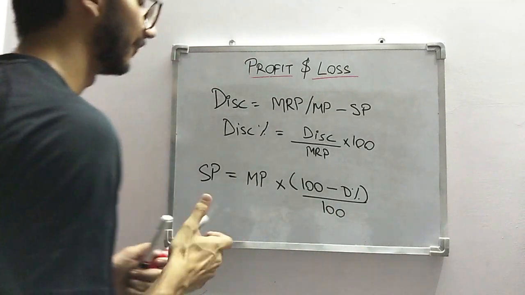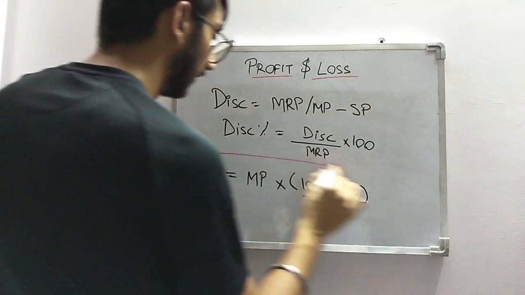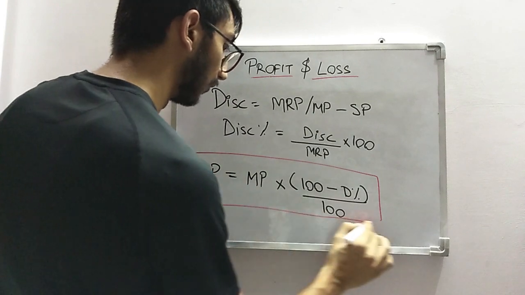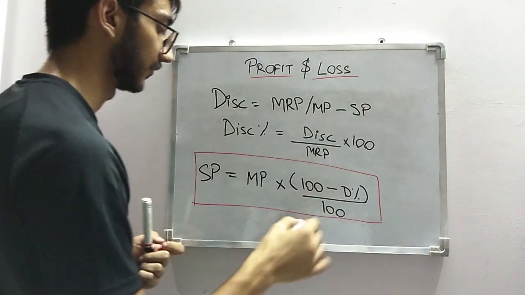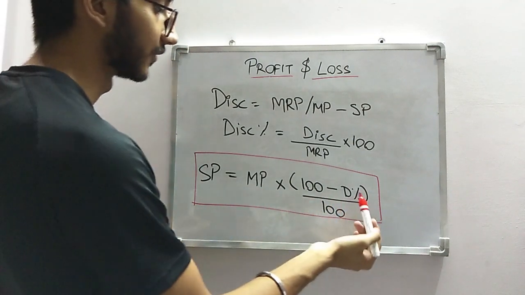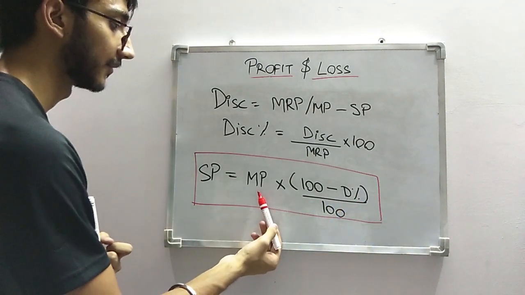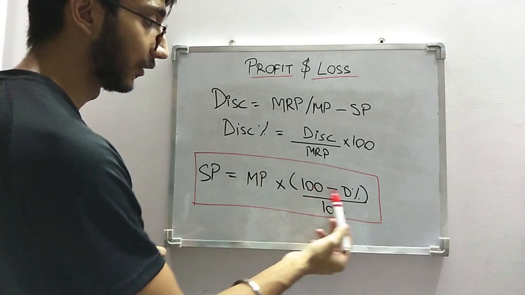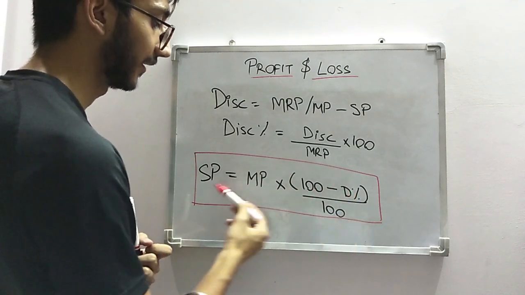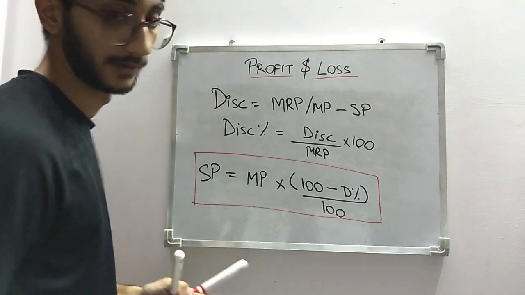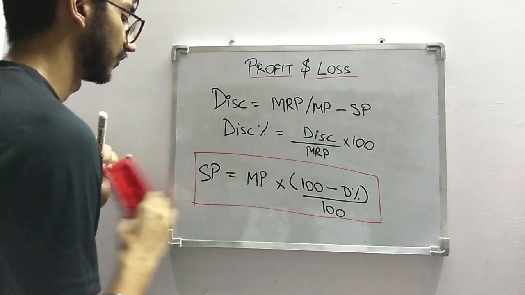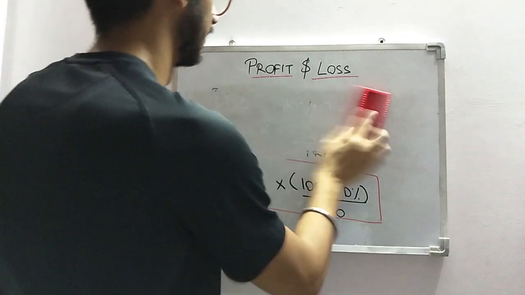This is the formula I will use whenever I need to calculate the selling price or the marked price when I'm given the discount percentage. For example, if the discount percentage is 20% and the marked price is 100, then 100 into 80 upon 100, so my selling price will be 80. That is, I'm giving a discount of 20% on 100. So that was about discount.